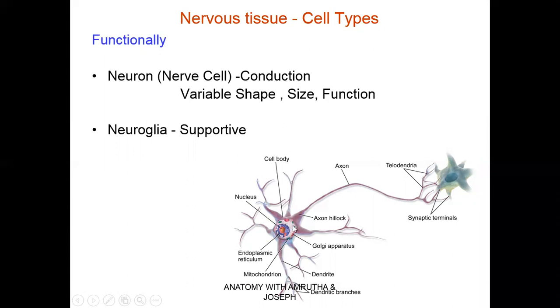So the neuron has a cell body and cell processes: a long process called axon, and short processes called dendrites. Other cells which can be seen in this area are neuroglia. Neuroglia are supportive cells. Again, neuroglia are of different types.